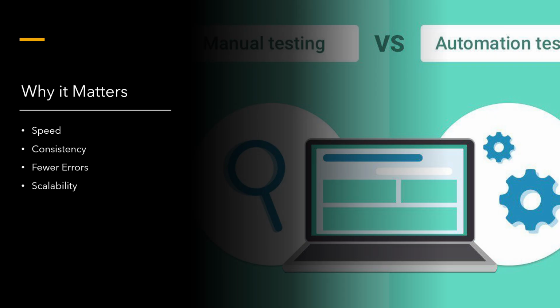Third, it helps catch errors early. Automated tests can detect problems as soon as code is added, instead of later in the process. And finally, it supports scalability. As projects grow larger and teams grow bigger, automation makes it possible to manage complexity without slowing everything down. In short, build automation allows developers to focus more on coding and less on repetitive tasks.